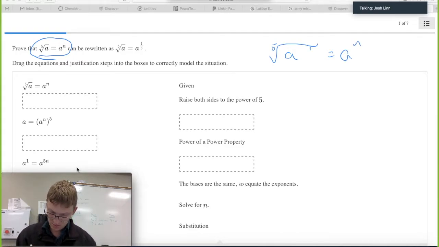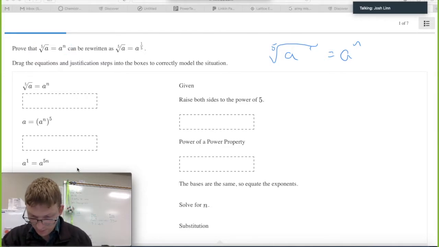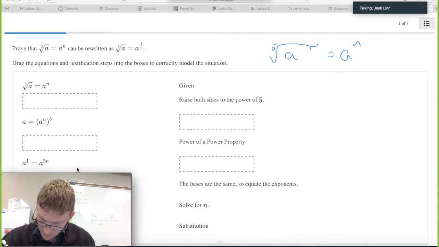If I wanted to get rid of this fifth root, I would take both sides and raise them both to the power of 5, right? So I'll just write everything out.